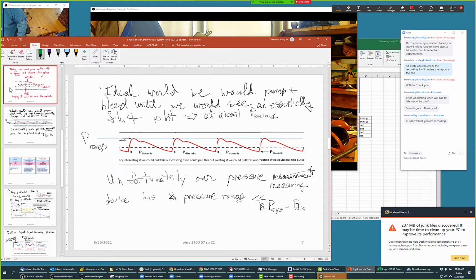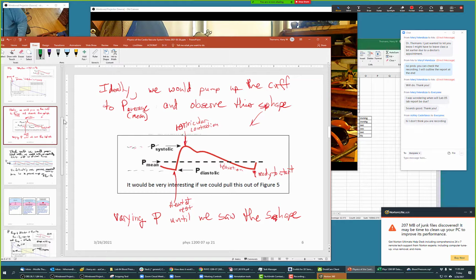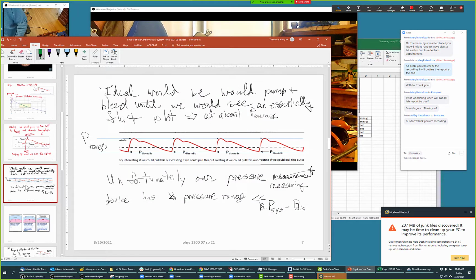So the thing that we'd really like would be to have a way to produce a line of average pressure here, and then we could subtract that from the data, and then we'd end up with something that looked like this.